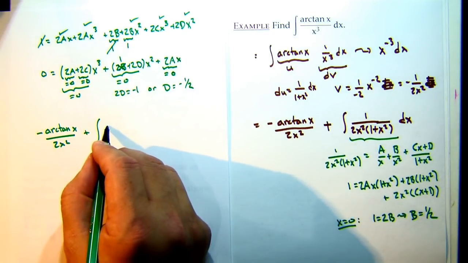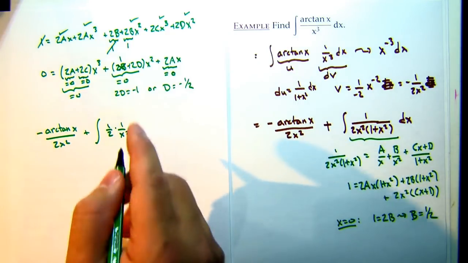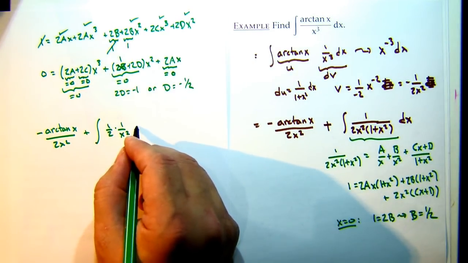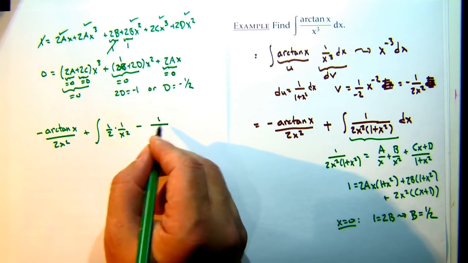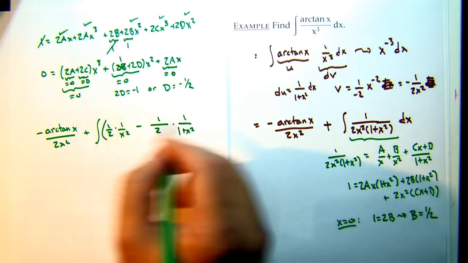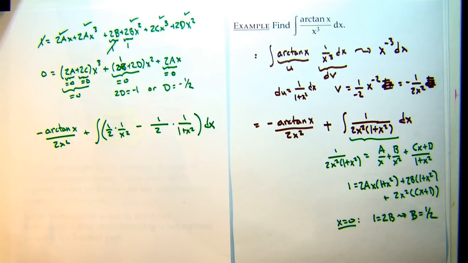So I'll write this as 1/2 times 1 over x squared. And then we're going to have plus d, because the c is 0. D is minus 1/2, or minus 1/2 times 1 over 1 plus x squared, dx. And now we're almost done.